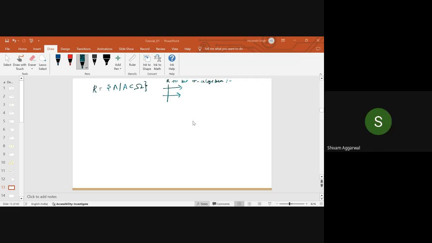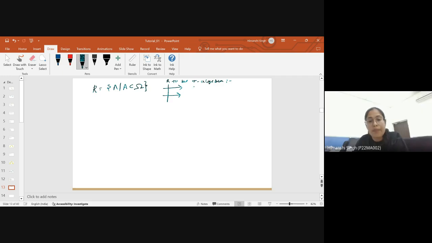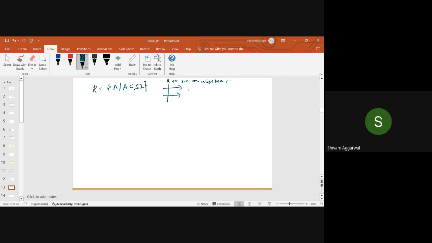If two sets, subsets A and B, belong to the algebra. Oh no, sorry, that was the wrong one. For a sigma algebra, if any set belongs to the algebra, then the complement of the set also belongs to the algebra.